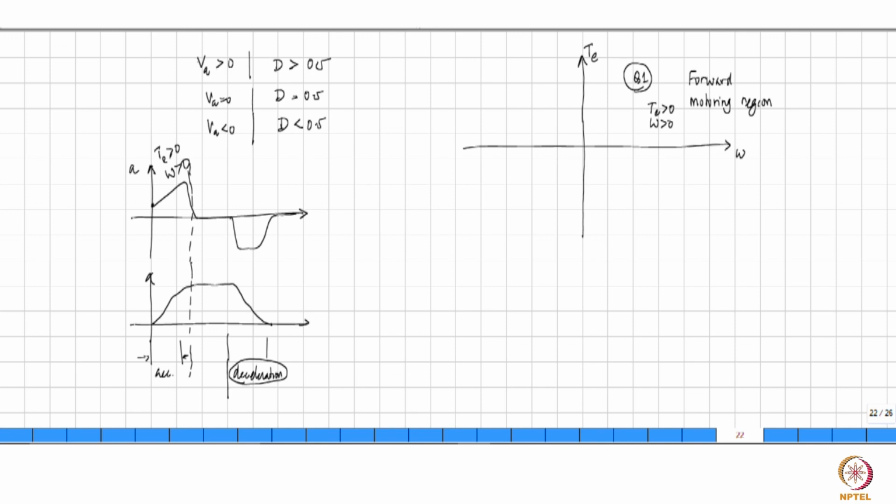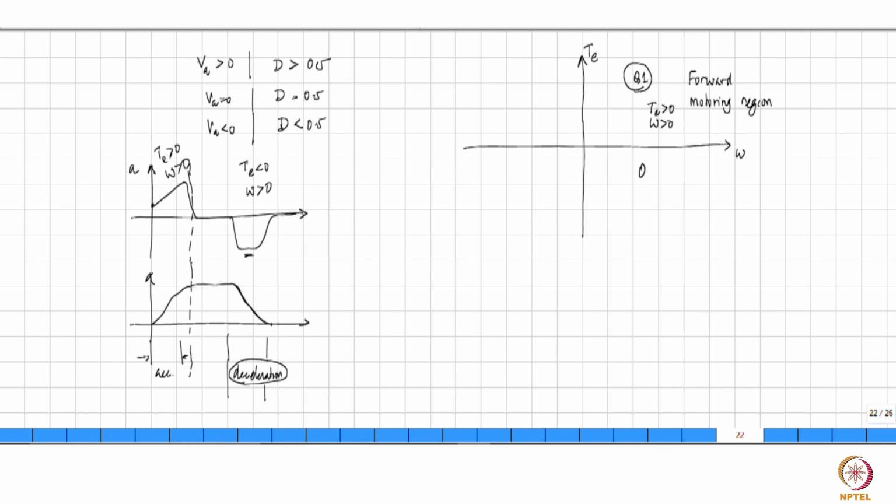Now in this zone, speed is still a value greater than 0, but your acceleration is negative. How does acceleration become negative? Acceleration is negative only if the generated electromagnetic torque becomes negative. And therefore, in this region of operation, you have a situation where Te is less than 0 and omega is still greater than 0.